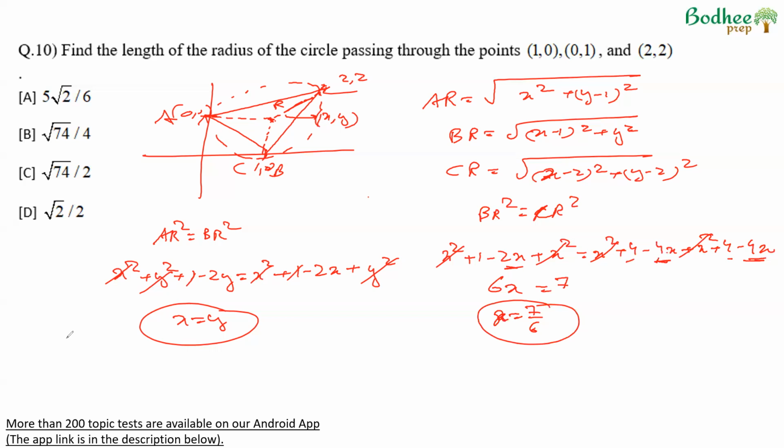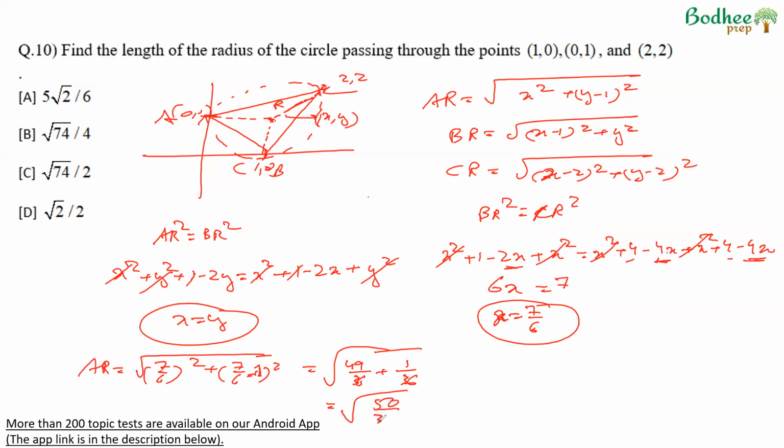And therefore, the radius will be AR, which is the root of (7 by 6) whole square plus (7 by 6 minus 1) whole square. This is the root of 49 by 36 plus 1 by 36, which is the root of 50 by 36.